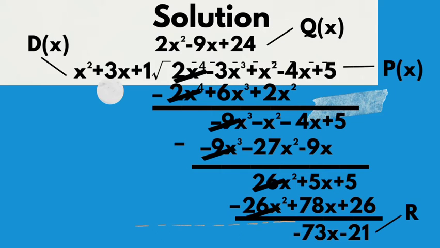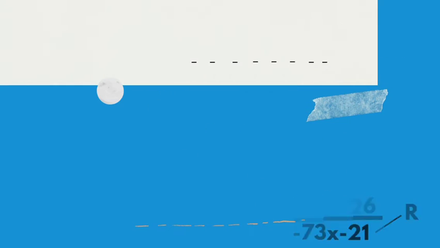Now, using long division method, we can identify the p of x there, the divisor, d of x, the quotient, and the remainder. Now, the polynomial is 2x raised power 4 minus 3x raised power 3 plus x squared minus 4x plus 5. And the divisor is x squared plus 3x plus 1.